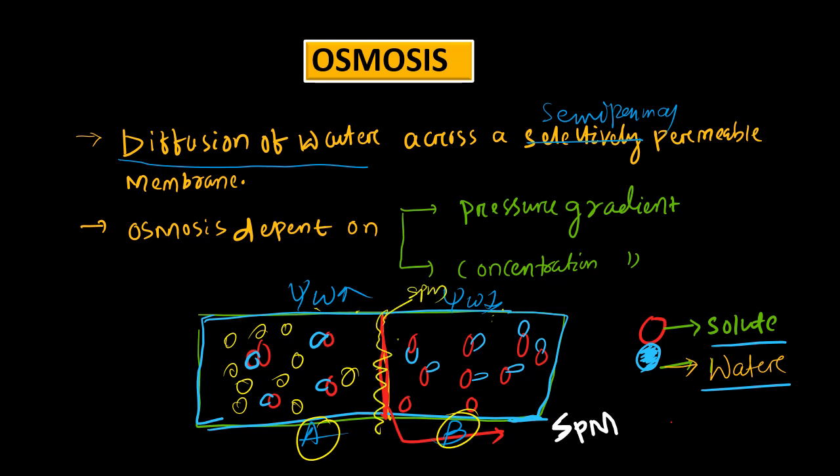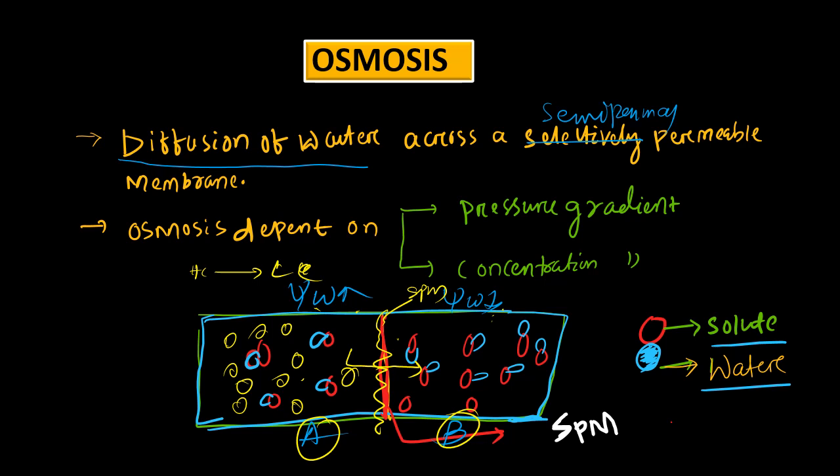Molecules transfer from higher concentration to lower concentration. So side A has higher water potential, but B has lower water potential. So water will transfer from here to here.